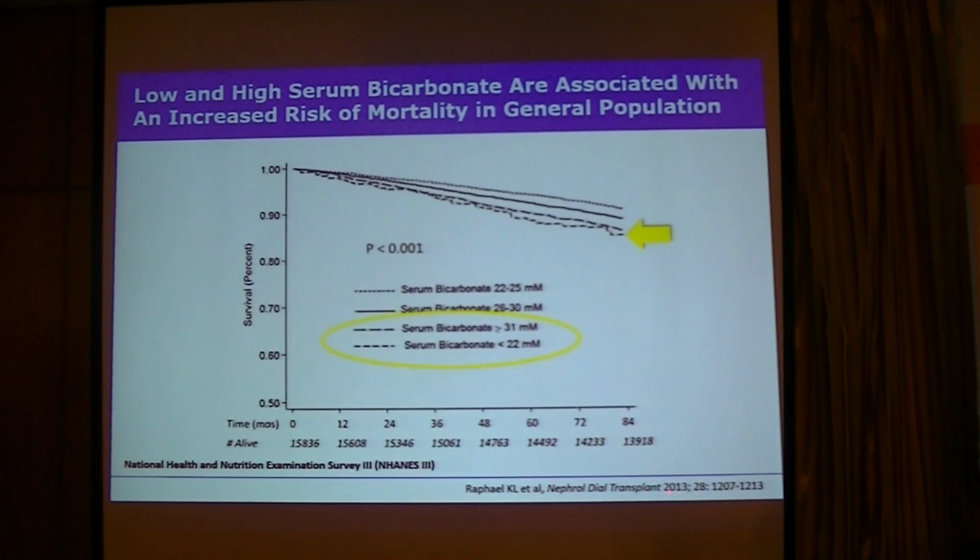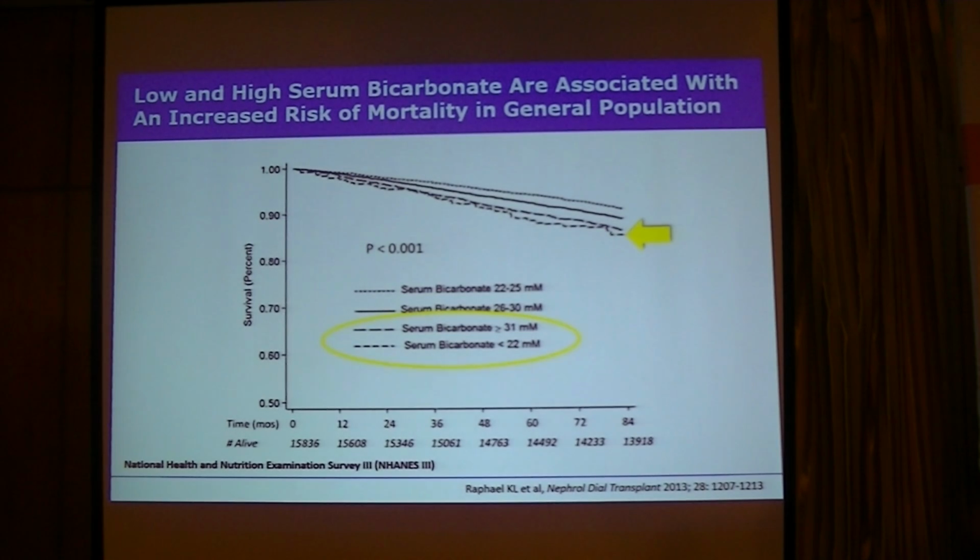In one of the last analyses, 2013, they looked at the impact of bicarbonate. If you look at this normal population, you see immediately that the population who are alkalotic or acidotic get the worst survival profile. Meaning that if you are not in the target of 22 to 25, if you are lower or higher, you get worse survival.